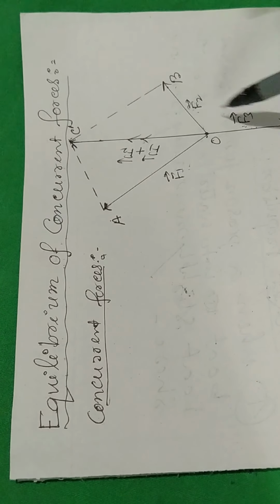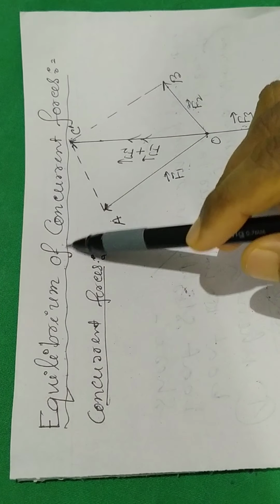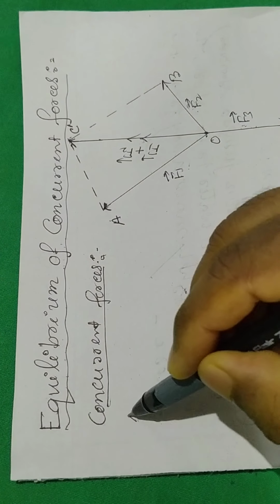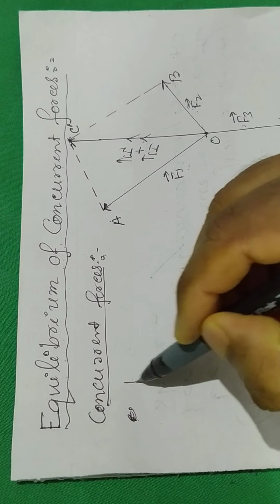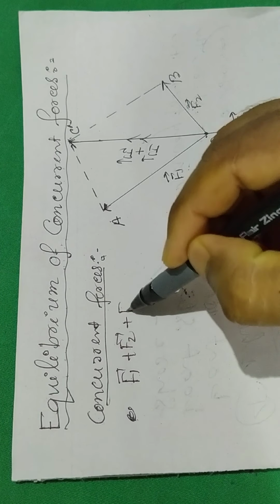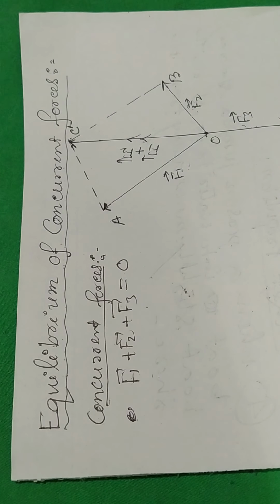If the vector sum of these three forces is 0, then it is called equilibrium of concurrent forces. So, if F1 plus F2 plus F3, the vector sum of these three forces, is 0, then it is called equilibrium of concurrent forces.